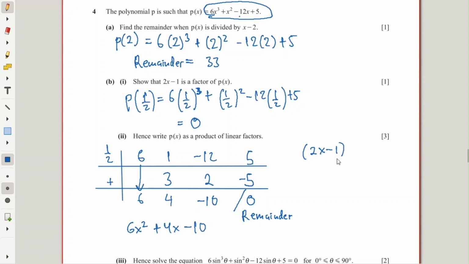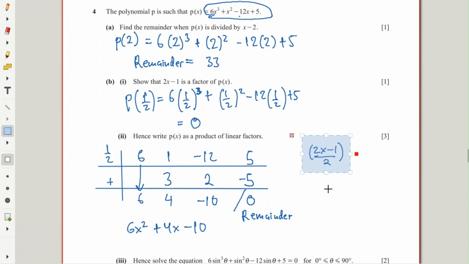And you know this one can be written as this. So if I multiply this and this by 2, I'm going to get 2x minus 1 over 2, right? So in other words, my factor can be written in this form.